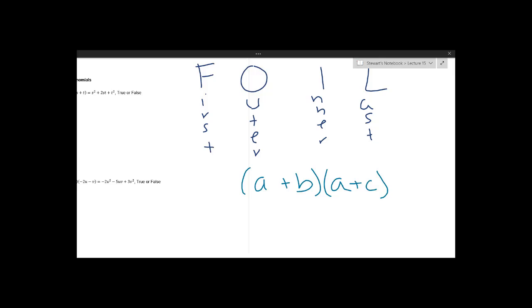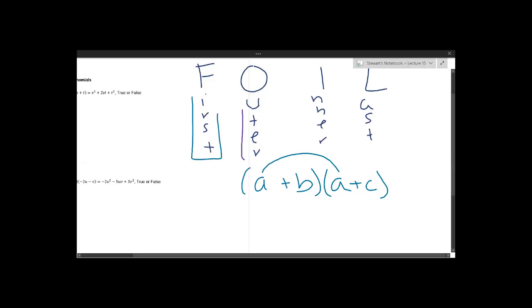When I say first, outer, inner, last, that's the order that we multiply in because we're essentially kicking up the distributive property a notch, because we have to distribute both terms to everything in here. So the first, I'm going to box this in with this color. This is the first one. The two first terms get multiplied first, just to help you keep track.